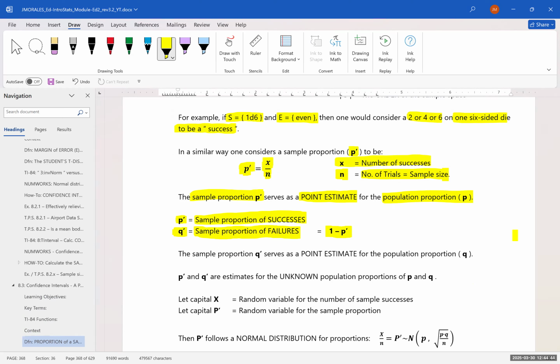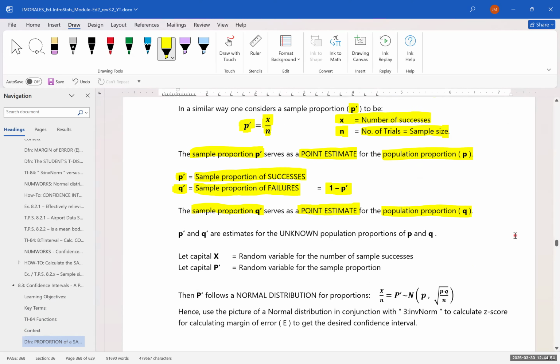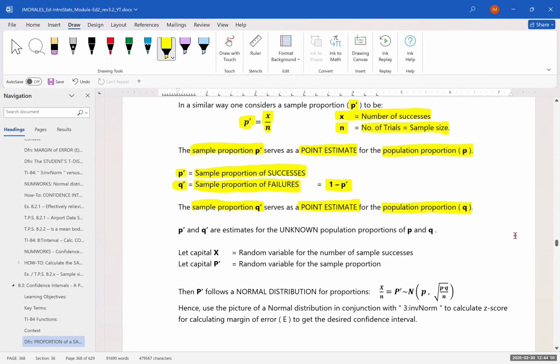And likewise, the sample proportion Q prime also serves as a point estimate for the population proportion Q. So both P prime and Q prime are point estimates for the unknown population proportions of P and Q, P being the proportion of successes, Q being the proportion of failures.